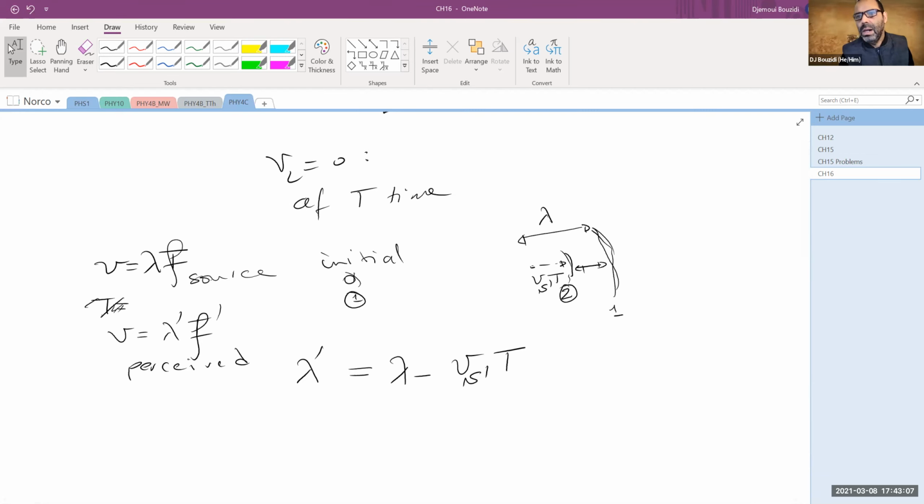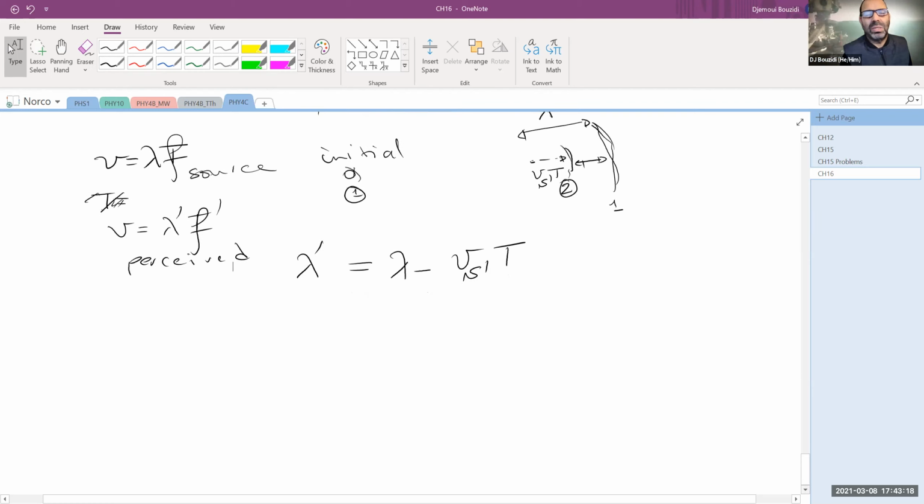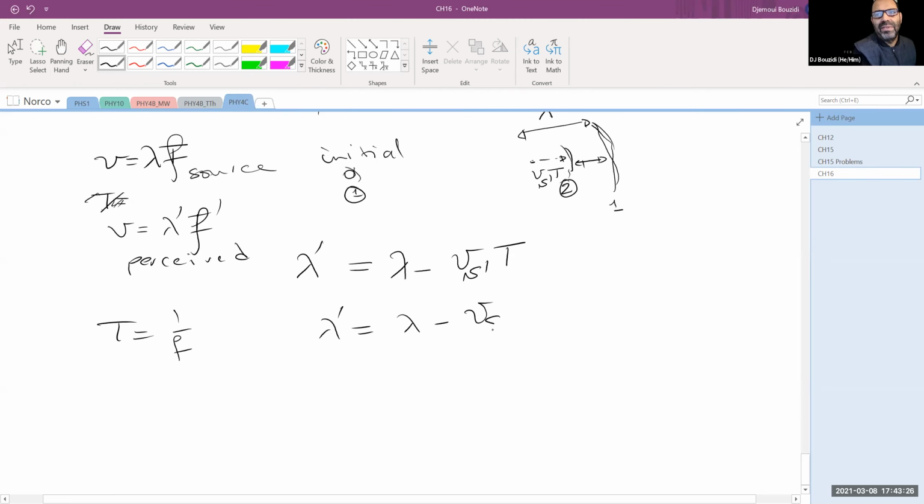Now, we're going to use this expression for lambda and lambda prime, and work out our algebra. First of all, T is related to the frequency. T and the frequency are related through one another. So this expression can be written as lambda prime is equal to lambda minus Vs divided by the frequency.